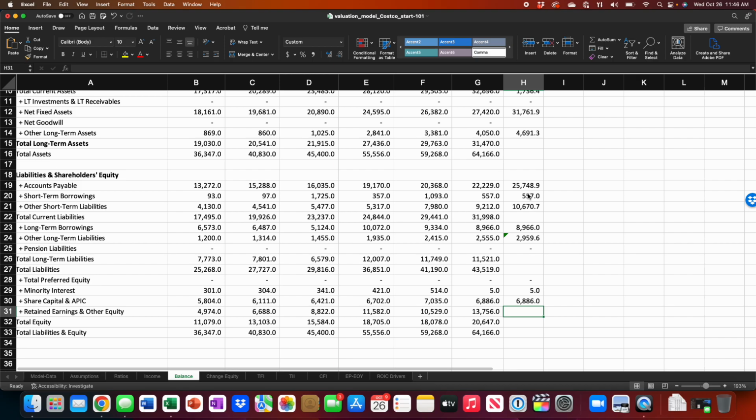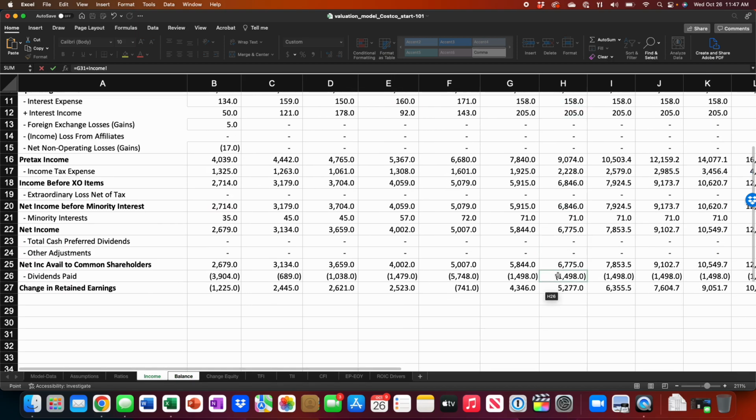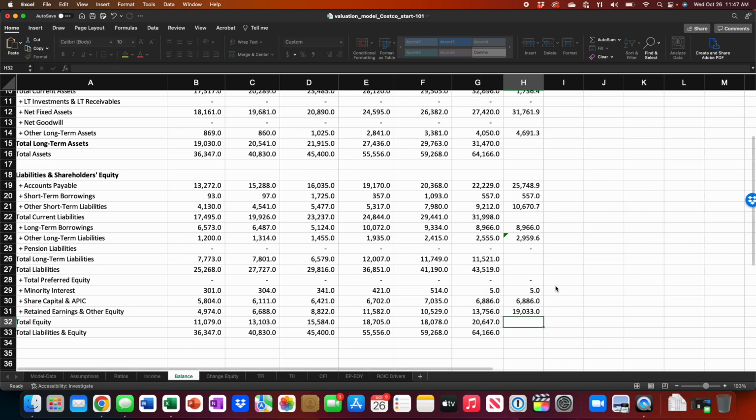So for cell H31 equals last year's retained earnings, so G31, plus from the income tab, H27, which is the change in the retained earnings in 2022. That's how much retained earnings should go up by. Income minus dividends. So it's going to go up by 5277 and should end at 19033. So that's my forecast for retained earnings for 2022.